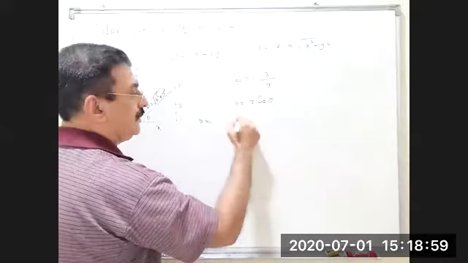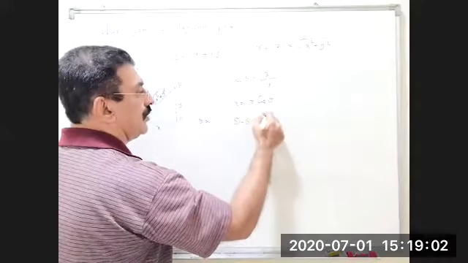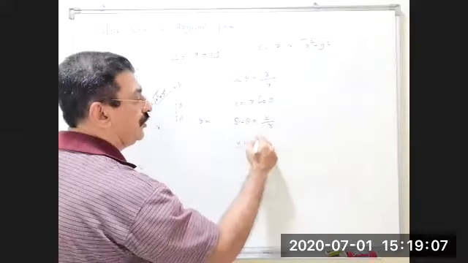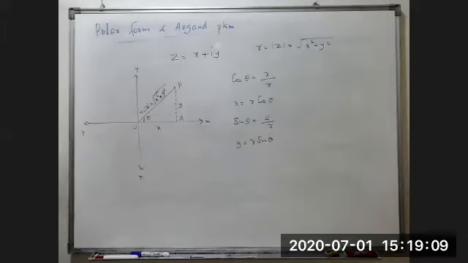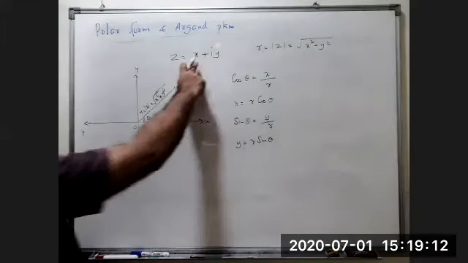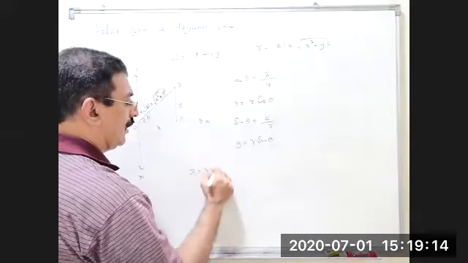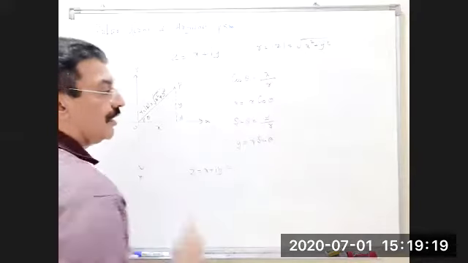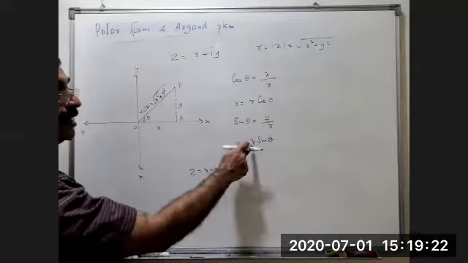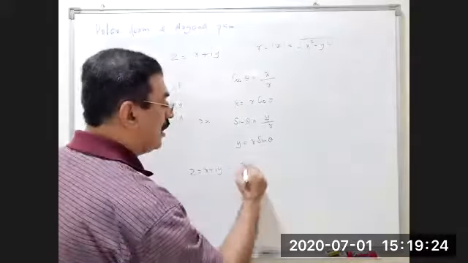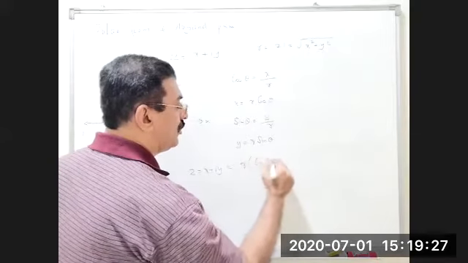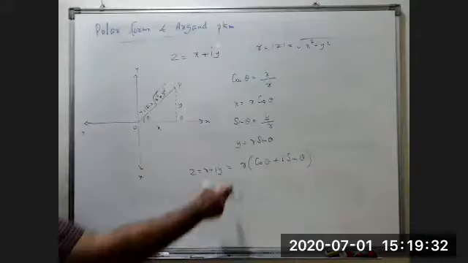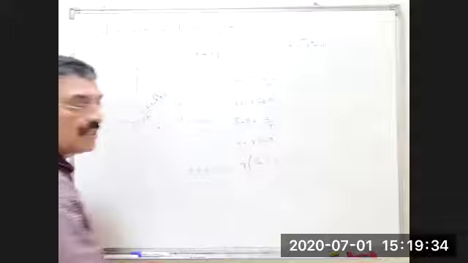Similarly, sin theta is y by r, so y is equal to r sin theta. Now this complex number x plus iy is r cos theta plus i into r sin theta. Taking r common, it is r into cos theta plus i sin theta.